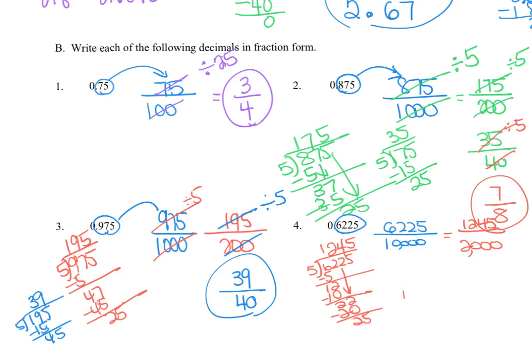Again, I can take 1,245 and divide that by 5 because I know on bottom I'm going to get 400. I get 249. So I have 249 over 400, and 249 over 400 is going to be as simplified as you get.